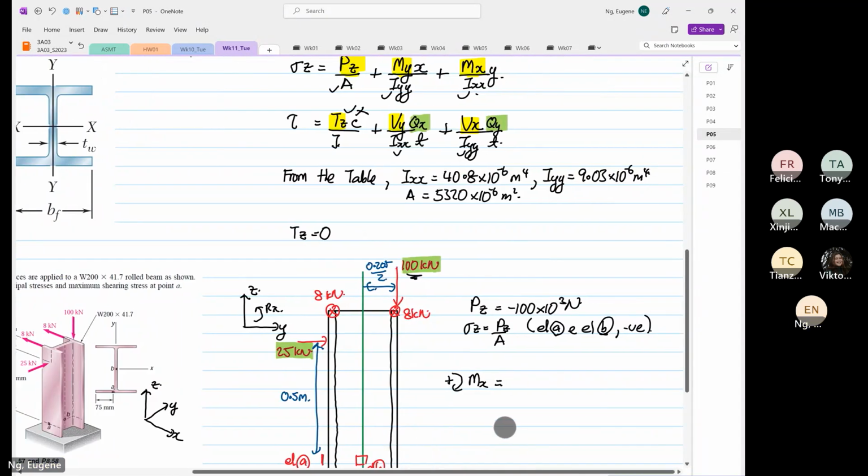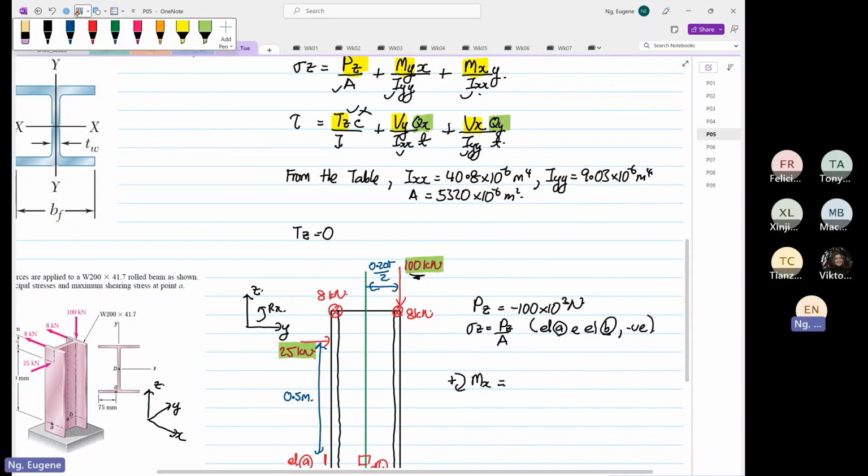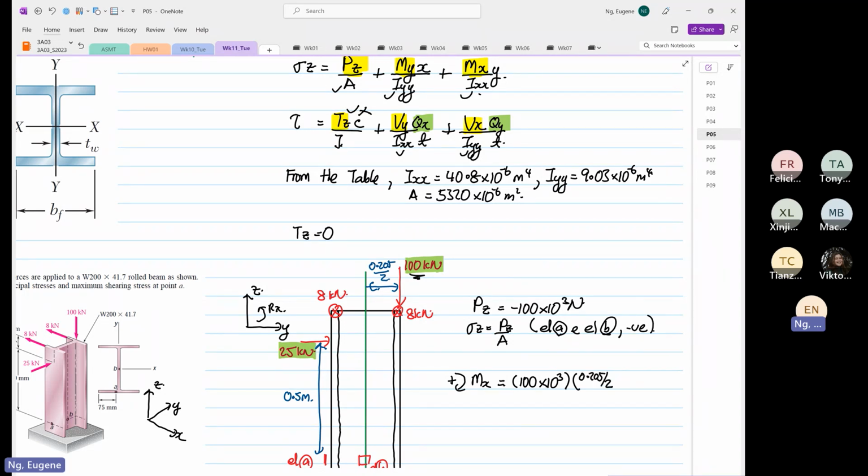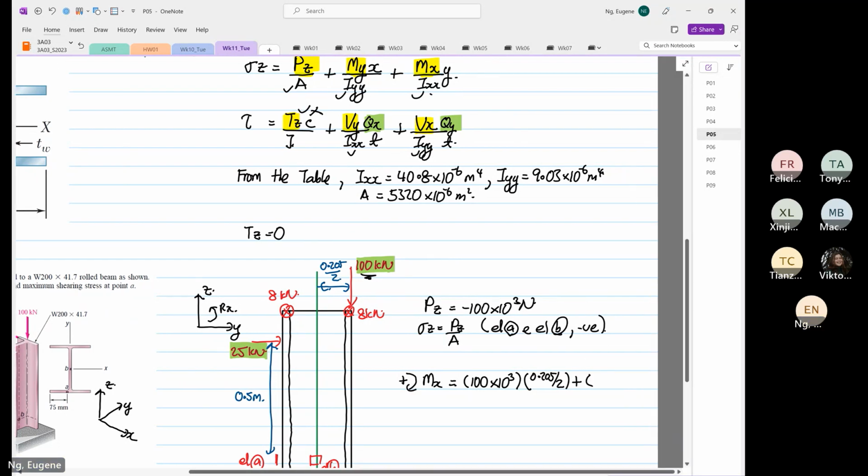Right? So both are in the same direction. So 100 times 10 to the power 3 multiplied by 0.205 divided by 2, plus 25 times 10 to the power 3 multiplied by 0.5.